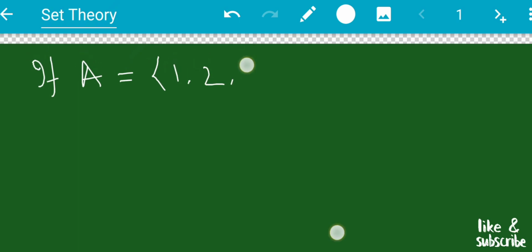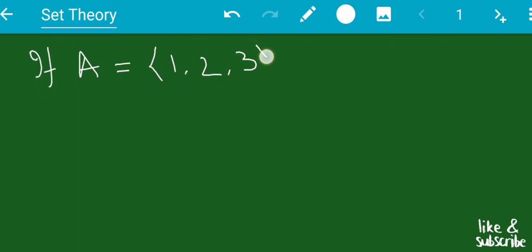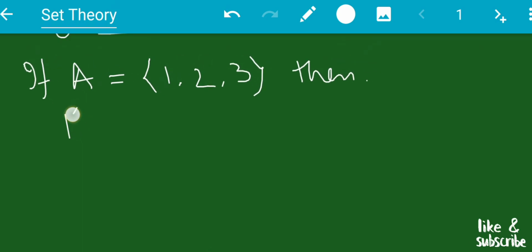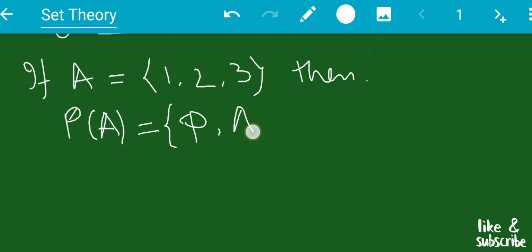Let us explain this with an example. If A is equal to {1, 2, 3}, then the power set of A is nothing but the empty set first, then the whole set.